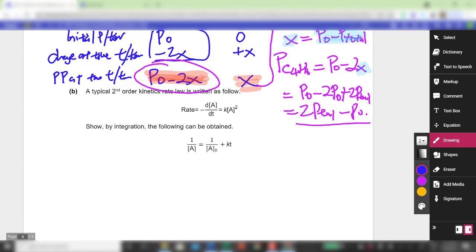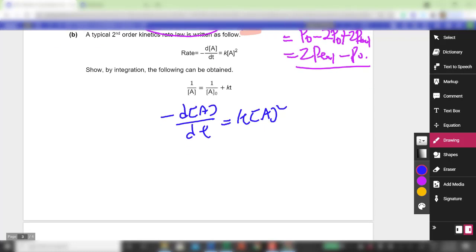Okay, so it's the same thing. So I have minus dA/dt equals to k A squared. Okay, so again, I'm going to rearrange them a little bit. So I'm going to rearrange them to get 1 over A squared dA equals to minus k dt.